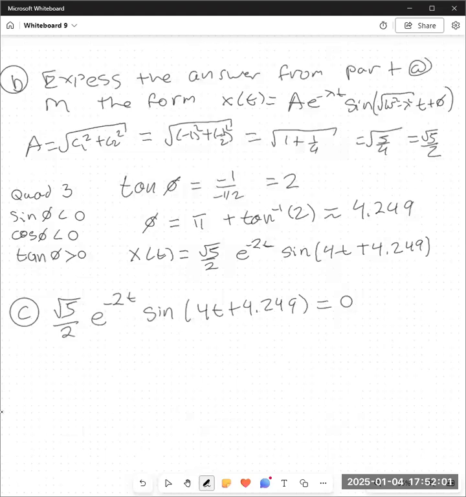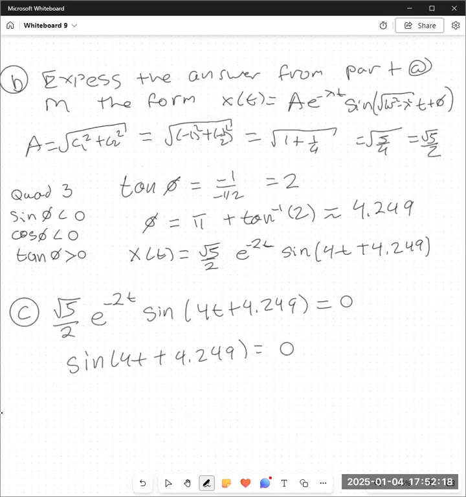And we have sine of 4t plus 4.249 is equal to 0.